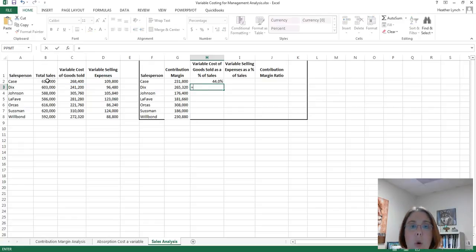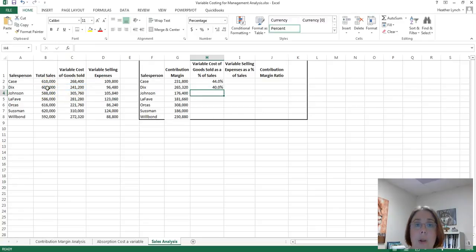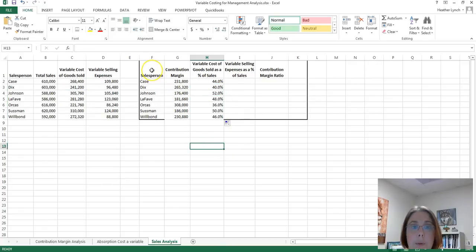So let me do one more before I just copy this down. For Dex we'll do 241,200 and divide that by the total sales. Okay, hopefully we're doing that.